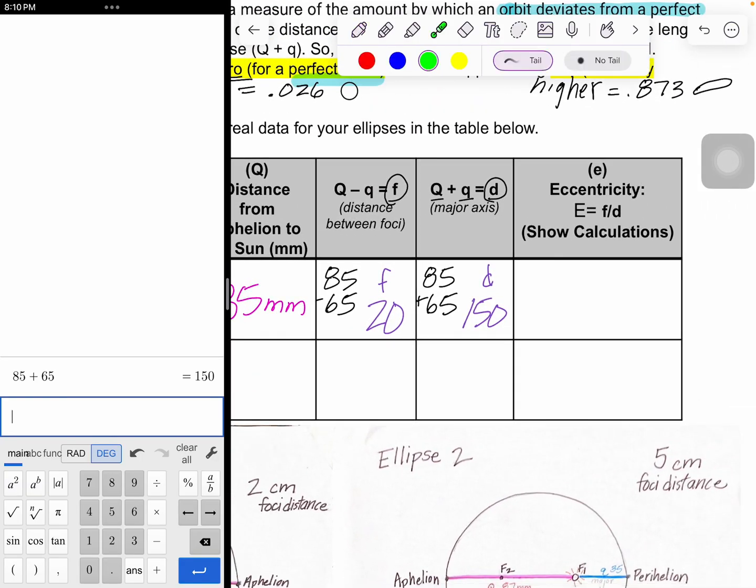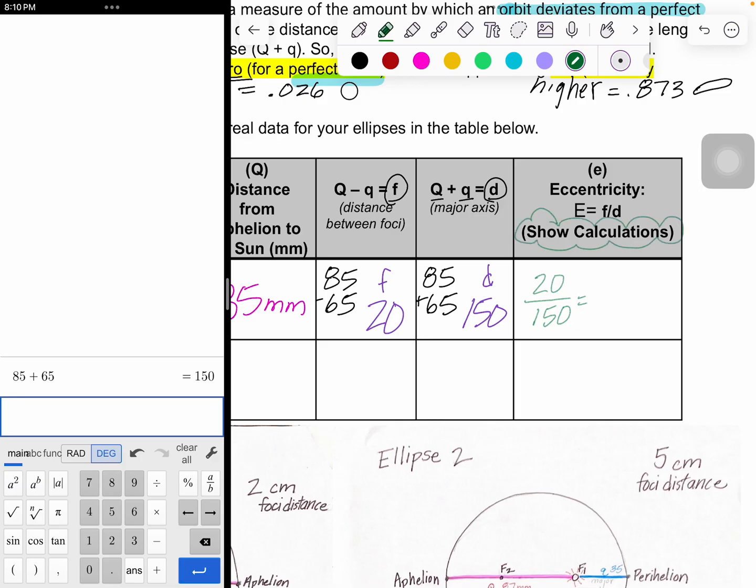Now here's my final calculation. F divided by D. So I've got my F number here. That's 20. I'm going to divide that by D, 150. And it does say, show your calculations.